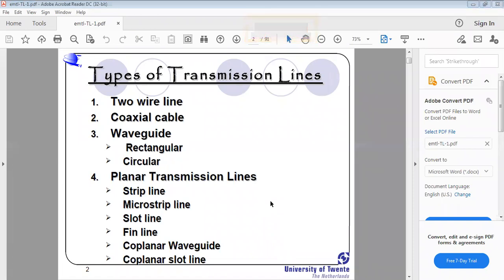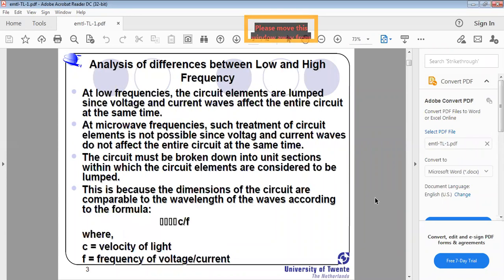Because ICs are always very small in size, and establishing a transmission line within the ICs is very difficult. That's why we always prefer stripline, microstrip line, slot line, and fin line transmission lines. They are called planar transmission lines, and they are not having any bends or zigzag in nature.